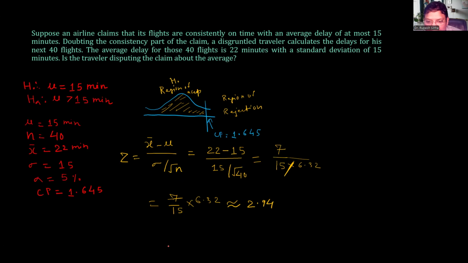So 2.94 comes in this area, right? So since Z calculated is greater than the critical point, we fail to accept the null hypothesis H0.